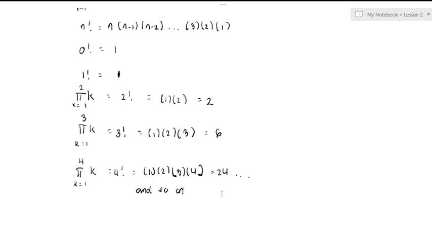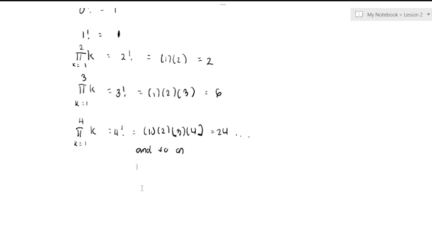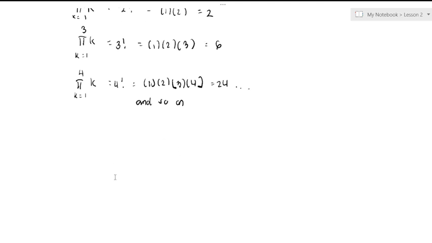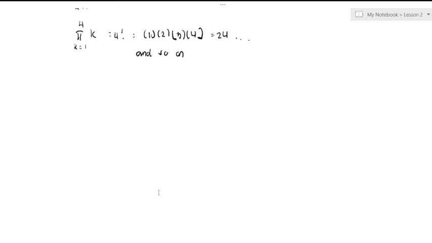Now, let's proceed to the properties of product notation. So, properties of the product notation or known as the pi notation.